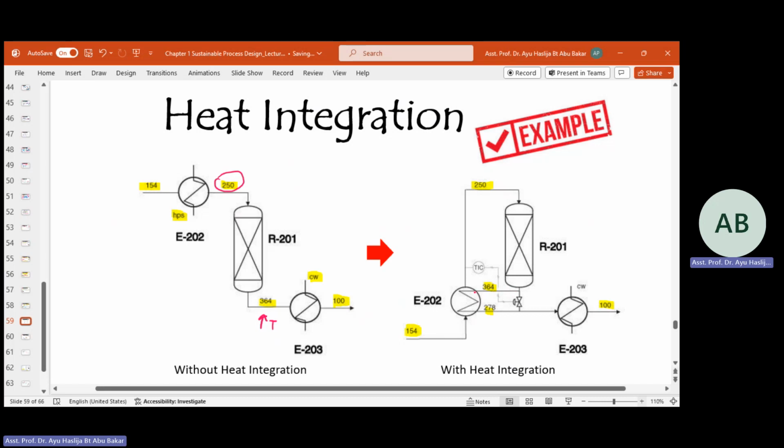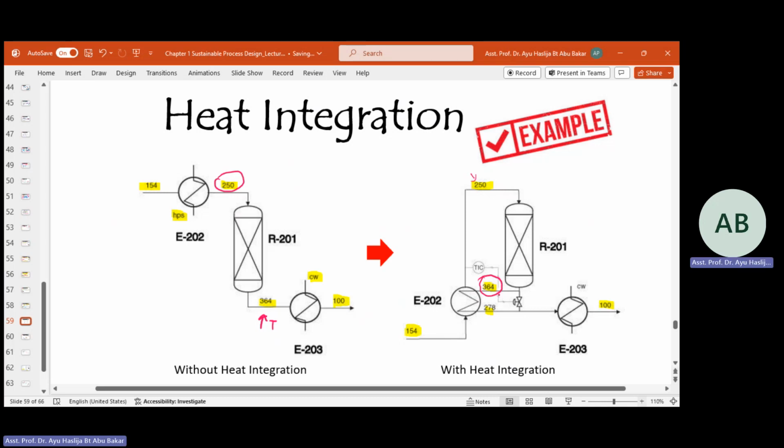The outlet stream at high temperature passes through this heat exchanger, which heats up the inlet stream so it can heat up toward 250. Later on, you need to calculate how much energy you need to supply so that this stream reaches 250.